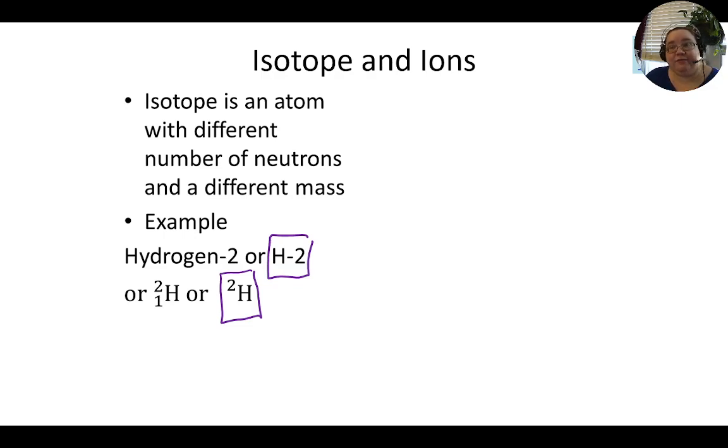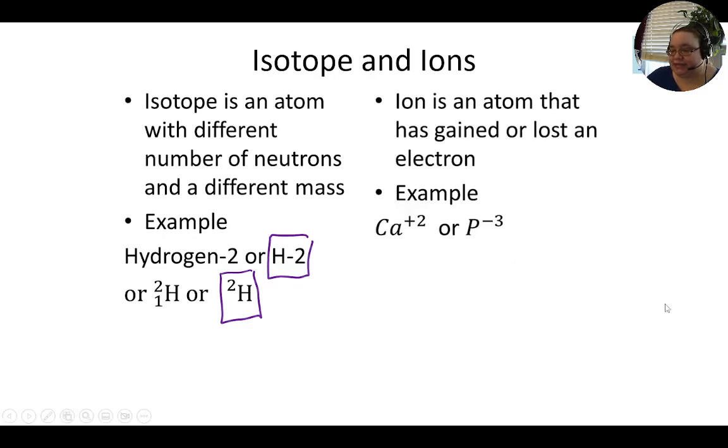If it's got a mass of 2, that means there is going to be a neutron with it that it doesn't normally have. Now, an ion is an element that has gained or lost electrons. The way we indicate that an element has gained or lost an electron is by showing that charge as an exponent. So positive charges mean that we have lost electrons. Negative charges mean that we have gained electrons because electrons are negative.